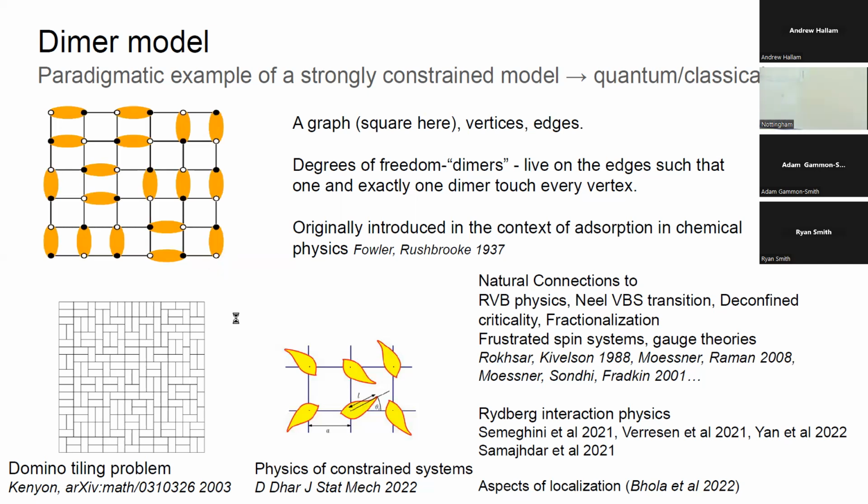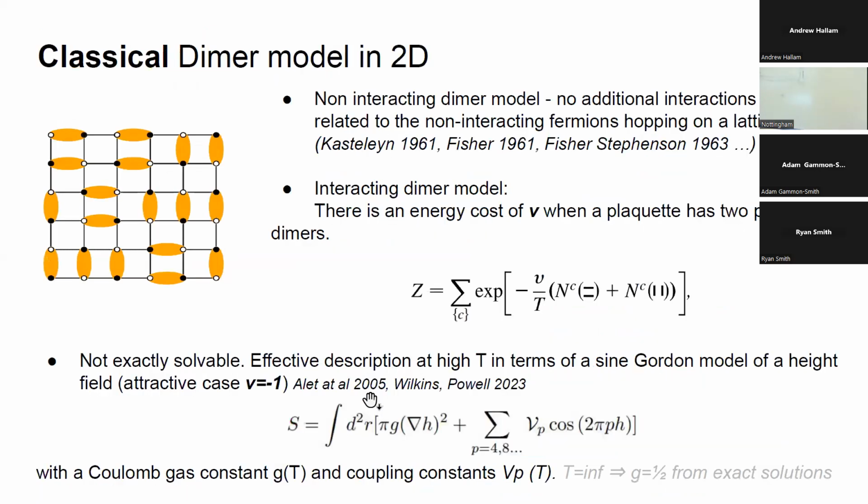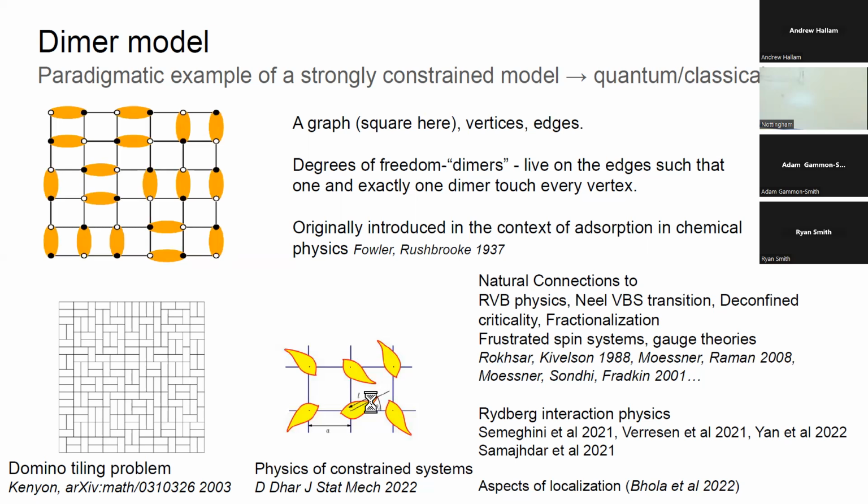It has been used to describe the effective physics of spin liquids, and as a model to describe critical phenomena that occur in spin systems. It has been used to model other local constraints.